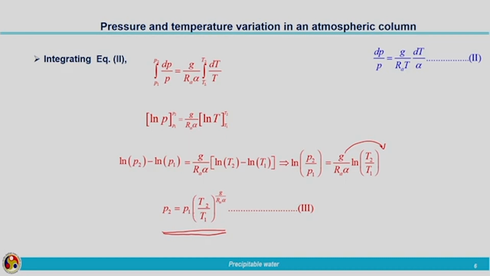Look at this equation. On the right hand side, you can see we have P1, T2, and T1. Near the ground surface, P1 and T1, that is the pressure and temperature, we can measure, and we have the T2 term on the right hand side.